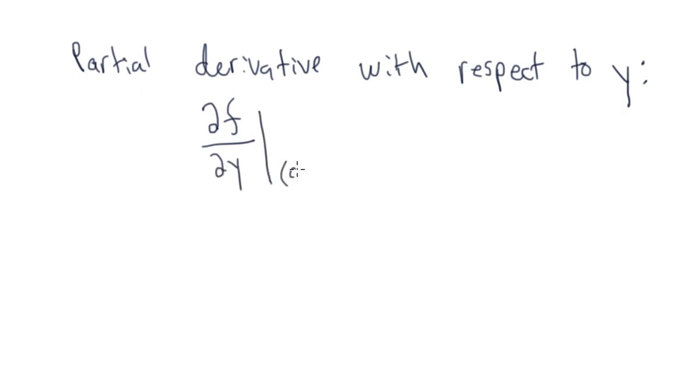And now we're evaluating at a point a, b. We're going to denote this f sub y of a, b. And now it's going to be exactly the same thing, except first we're going to fix our x coordinate to be a, so we're going to fix x, and then we're going to differentiate the new function that's just a function of y, and evaluate that derivative at the point b.